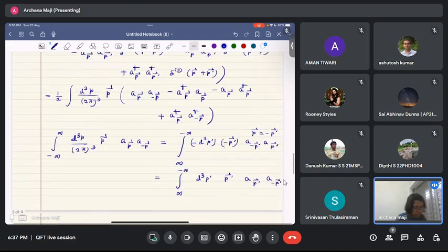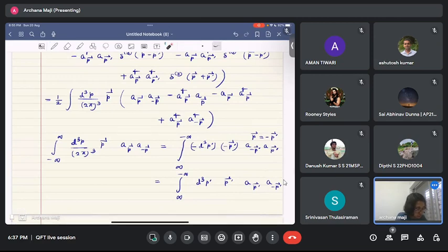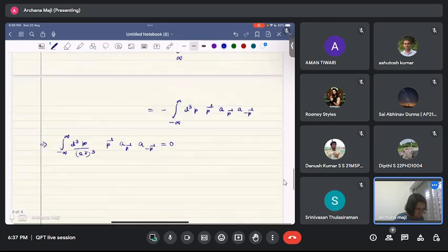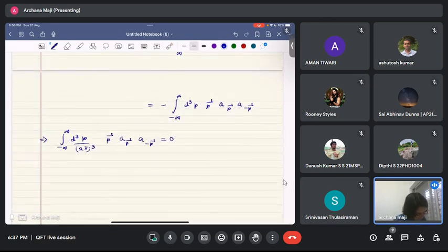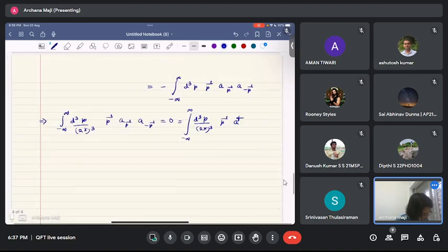Okay, likewise the same reasoning will apply for this fourth term, so that will also be 0. So let me just write down d3p, a dagger p, a dagger minus p.